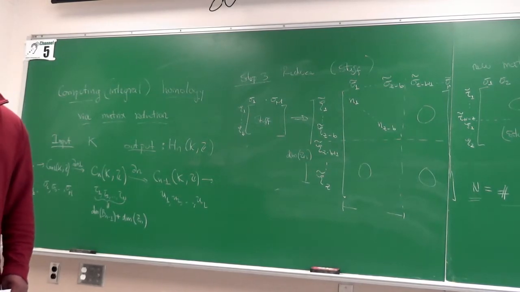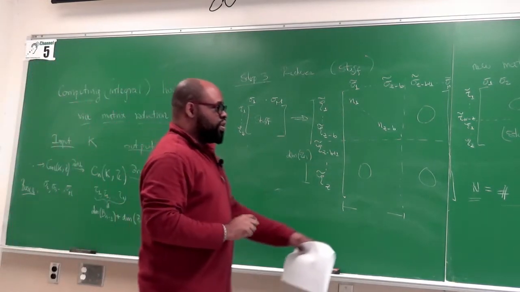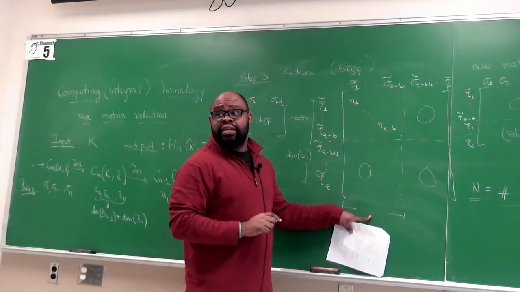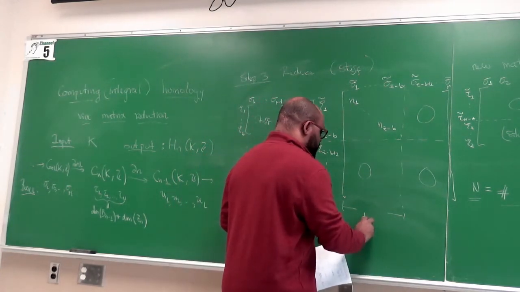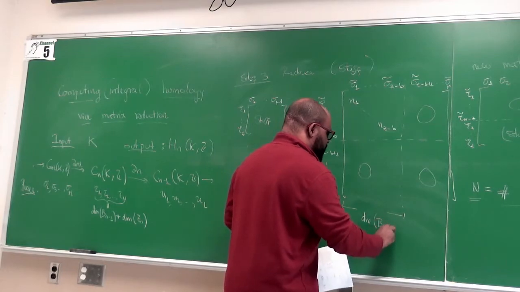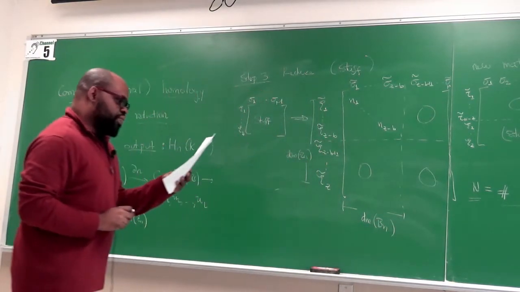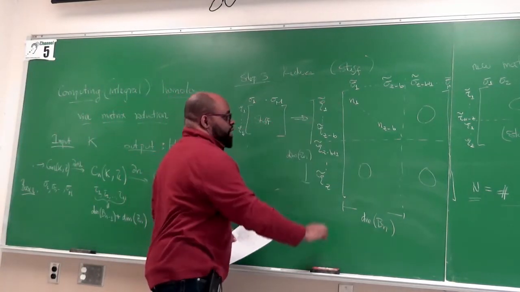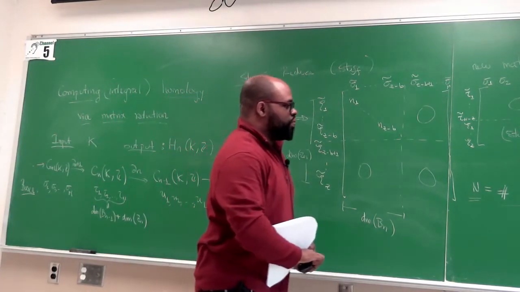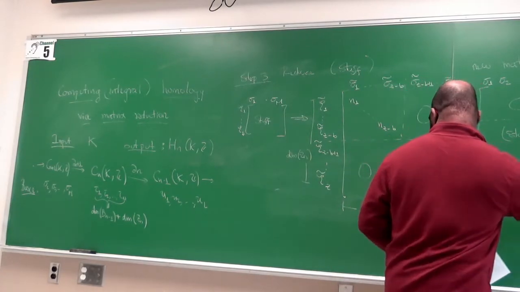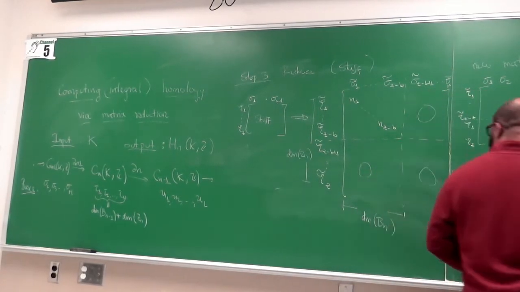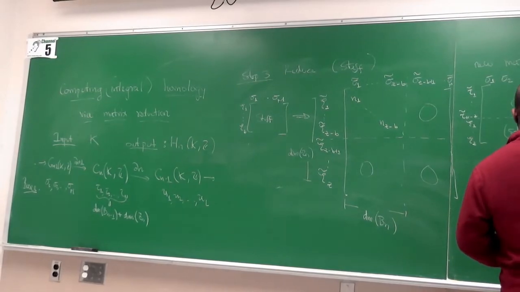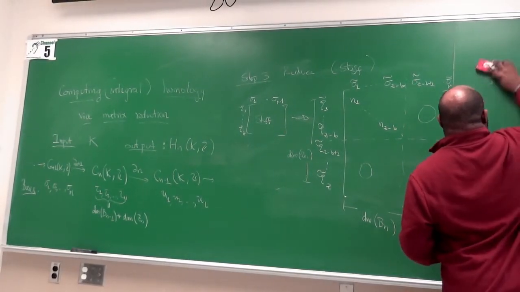So this should be the dimension of Bn, right? So dimension of Bn. Okay. Which is, I guess, the same guy over here. So, step 4, we compute homology.